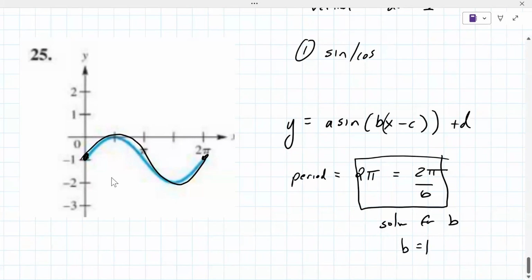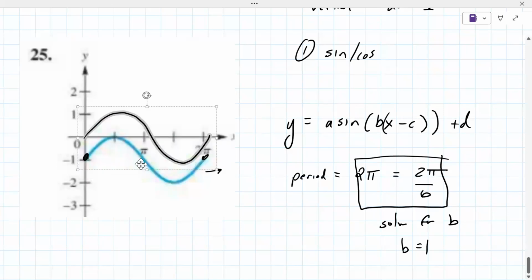Is there any sort of horizontal shift? Does this move to the right or the left or anything like that? Phase shift. Does it look like the sine has been moved to the right or to the left? Maybe you're not sure. So I have the advantage of sliding this up to where it started.